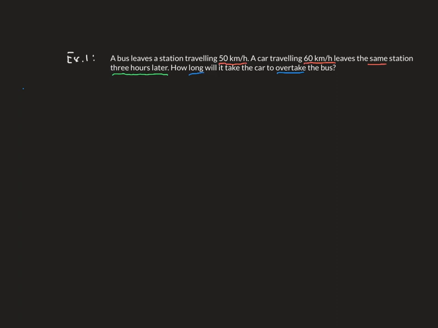So whenever you want to do these types of word problems, the first thing you want to do, well, we just did it: underline keywords. The second thing you want to do is, it's always very helpful to make a table to display your given data.